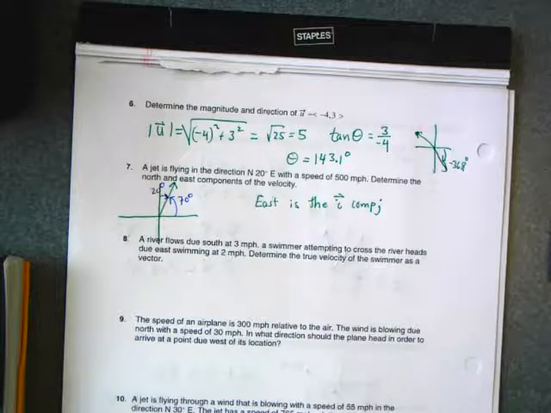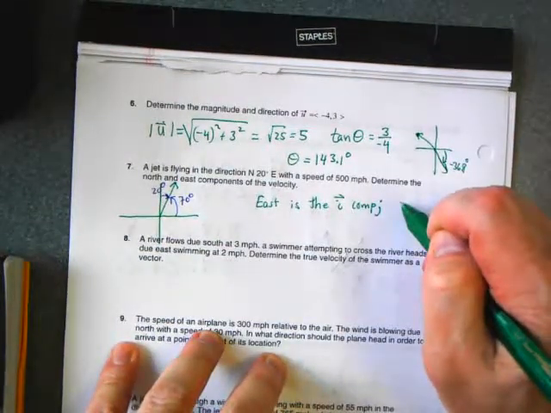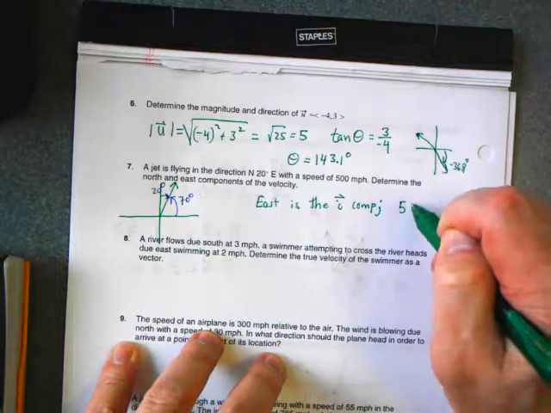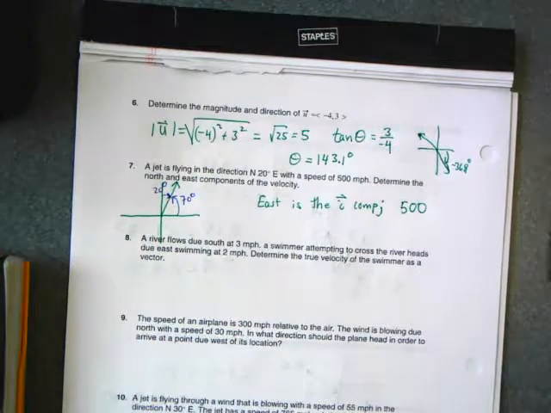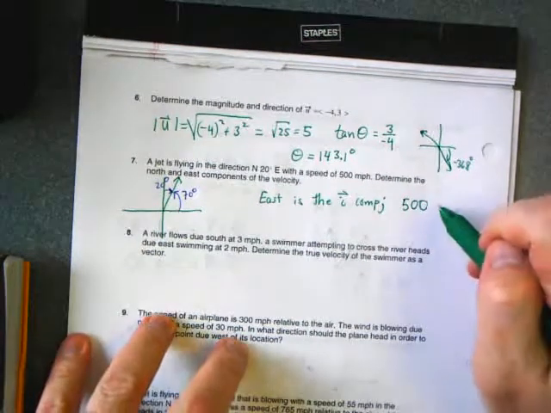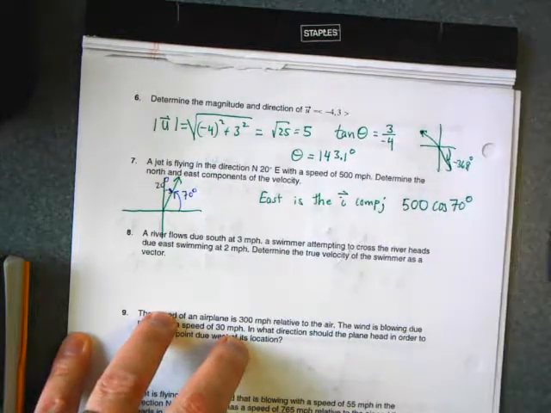So to find the i component, we use the magnitude, which is 500. And then is it sine or cosine? Cosine, because cosine uses the adjacent and the hypotenuse. So it's 500 cosine 70 degrees.